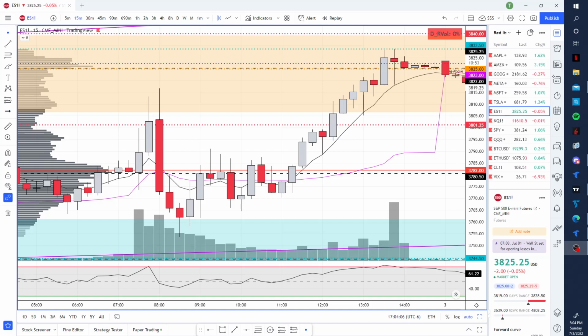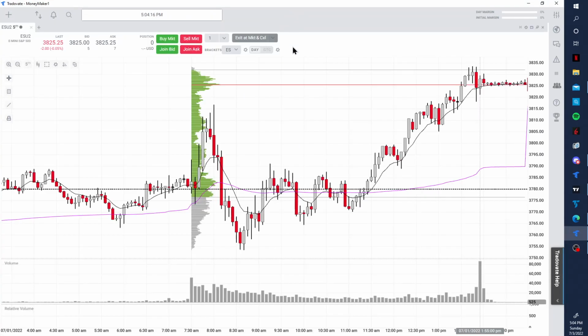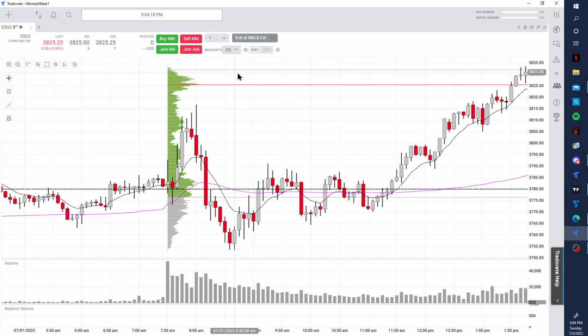So, I guess I'll go first in what's been helping me, and then if anyone has questions on the brackets, because that's what I'm going to go over: the bracket settings that I've been using recently, or kind of started last week. I started using it on Wednesday after I lost a bunch of money on Monday trying to trade the chop.